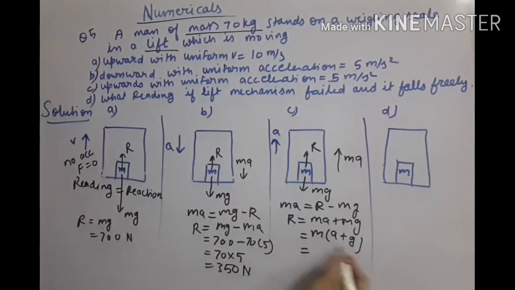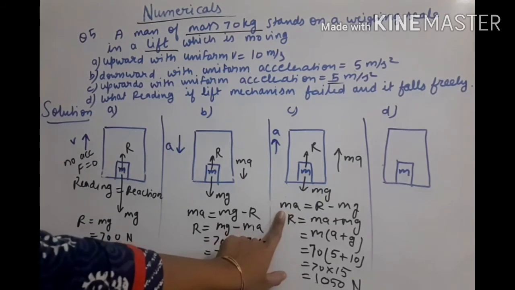Now let us put the values here. m is 70, a is 5, g is 10. So 70 into 15 gives 1050 Newton, which is the answer for this reaction, or the reading of the weighing scale.